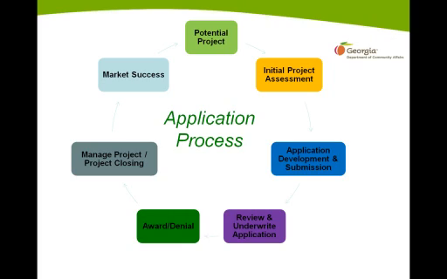Once you submit an application, it will undergo a review and underwriting. During the review and underwriting process, it takes 30 days for us to review all the information. That 30-day window starts once all the documentation has been received.